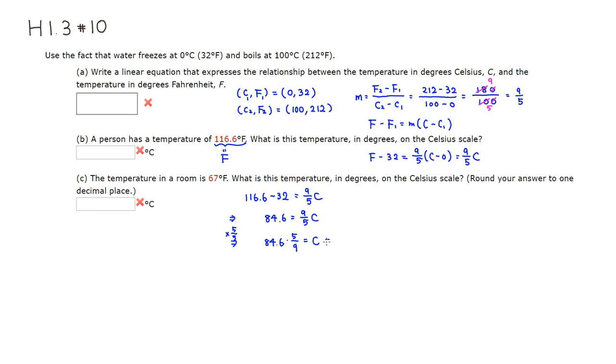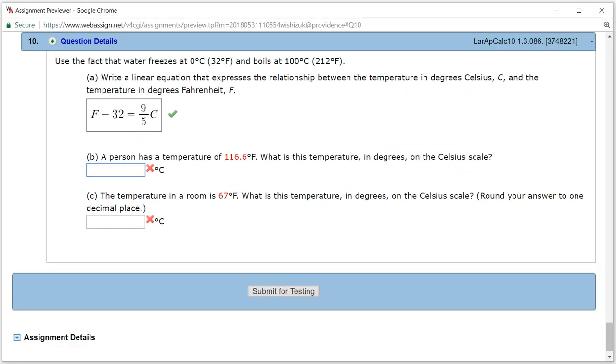So C is equal to 47. Let's type it in, submit for testing. All right, looks like we got part B correctly.